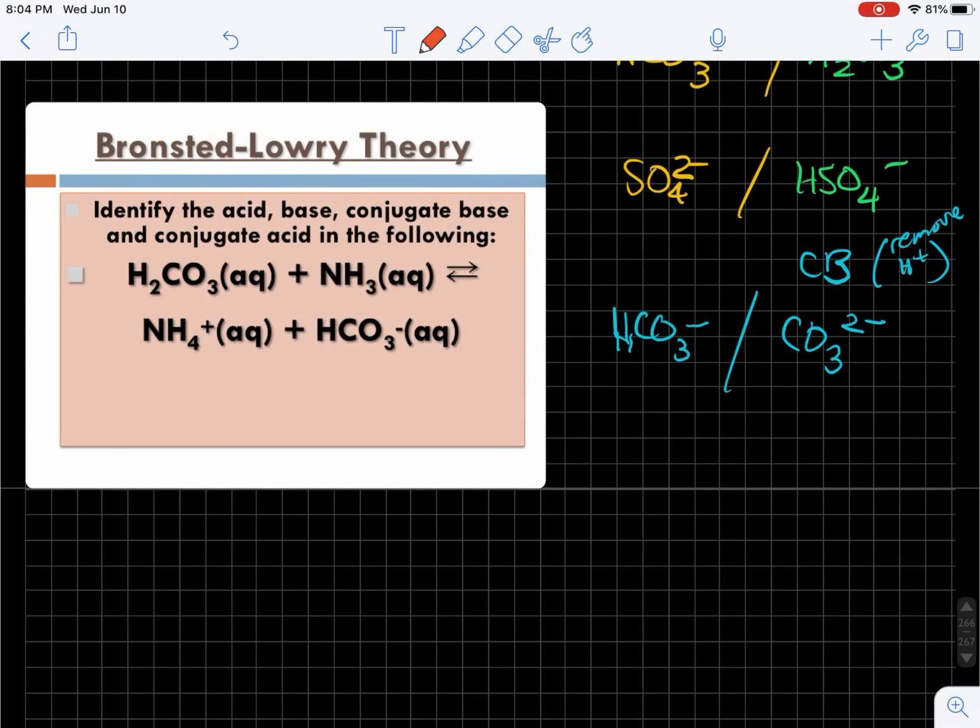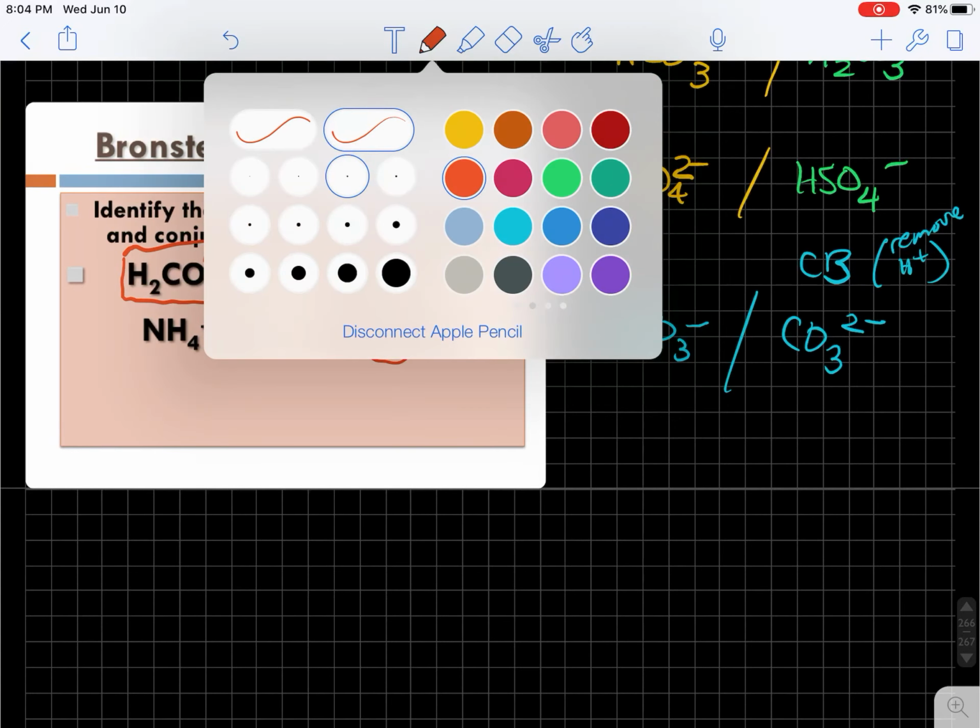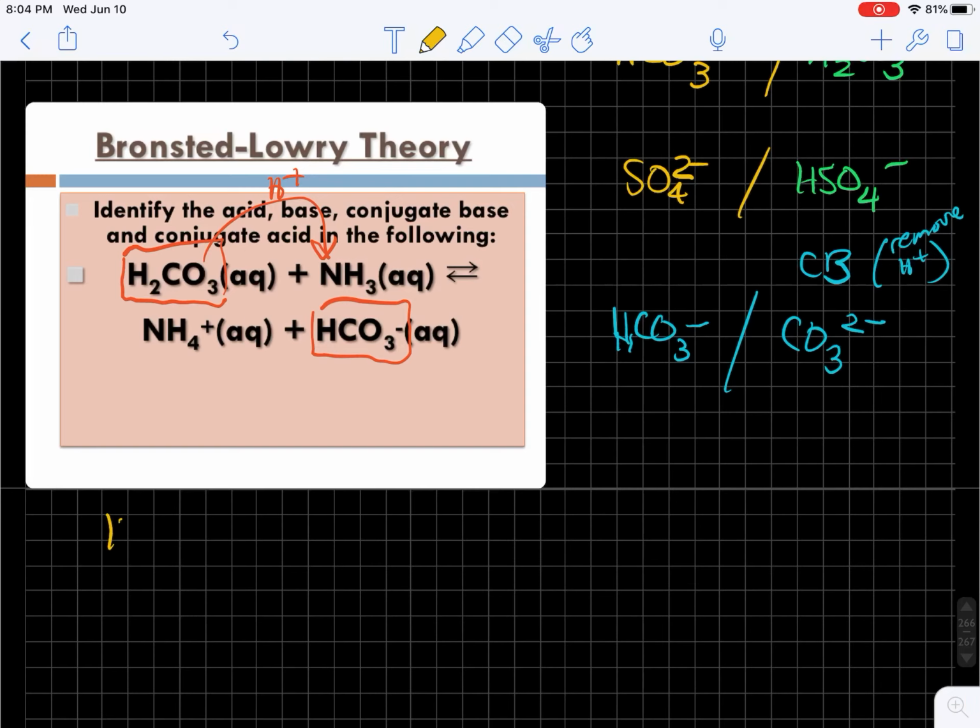All right, so we take a look at the particle that has carbon and oxygen in it, and it becomes hydrogen carbonate. How did it do it? It gave away an H+. So if it's giving away an H+, the H2CO3, the carbonic acid, and that's why I didn't want to say the name, is going to act like an acid, and the particle it becomes is the conjugate base.